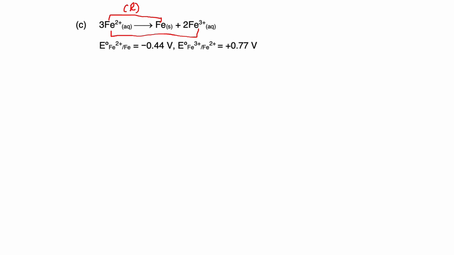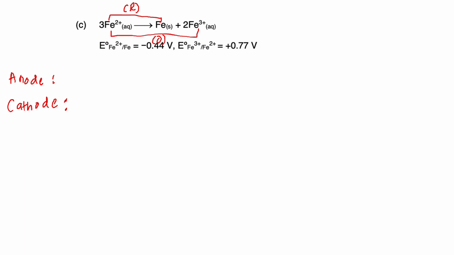But for the below one, from 2 plus to 3 plus, this one undergoes oxidation. So let's write the equation first. We have anode and we have cathode. I love to write cathode first because I always remember the red cathode.